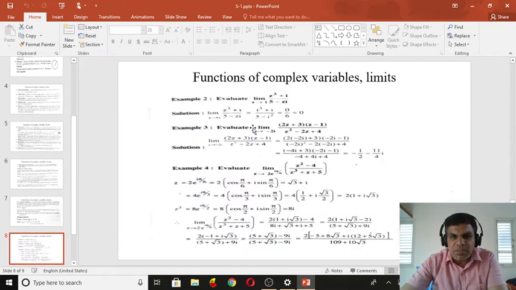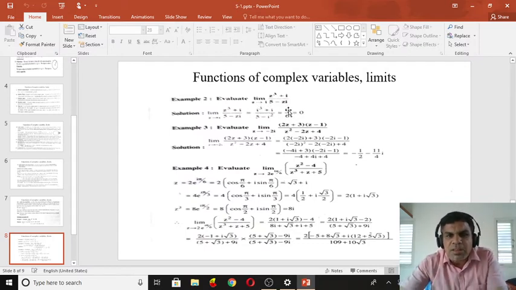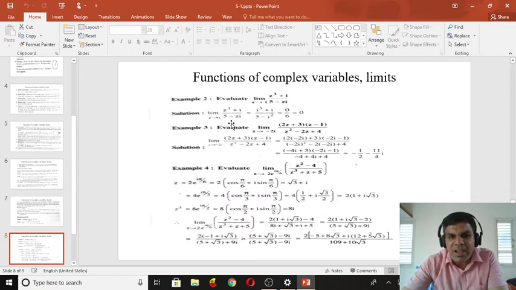One more example. The limit z tends to i of z cube plus i divided by 5 minus z i. We replace z by i, so we get 0 divided by 6. So 0 divided by 6 equal to 0.